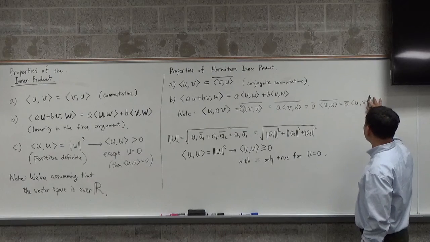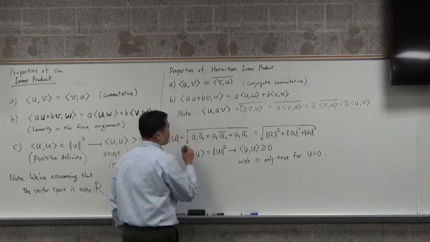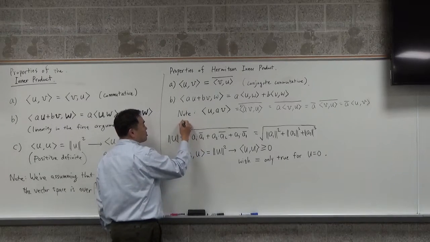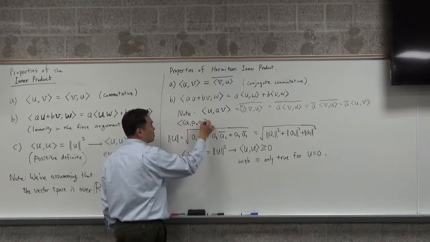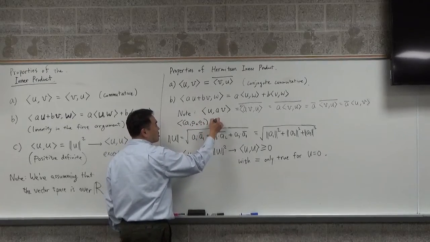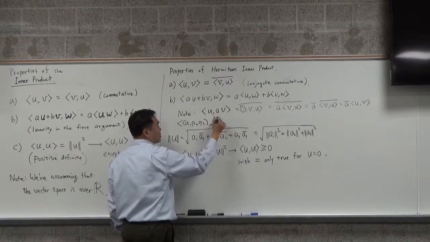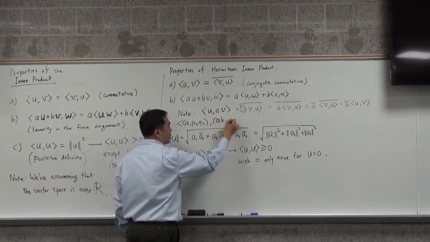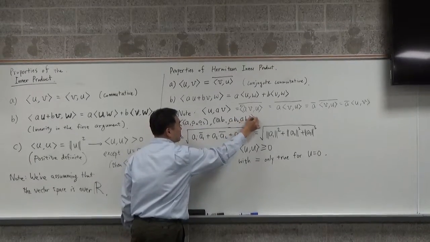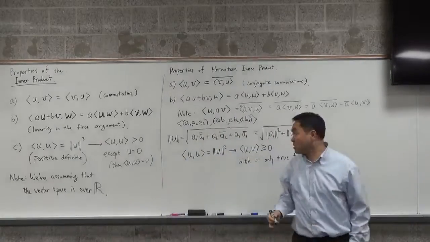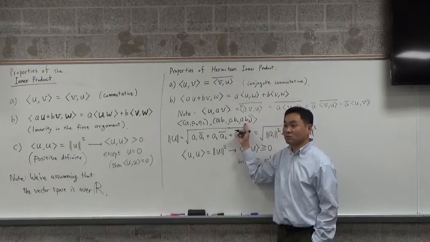Okay, this overly complicates things, but maybe it's a lot easier if you just look at this. What are we doing really? We're doing A1, A2, A3 dotted with A times B1. A is multiplied to the second vector, so it's A times B1, A times B2, A times B3, right? But then what's the Hermitian inner product? It's this times this conjugate, this times this conjugate, this times this conjugate, right?